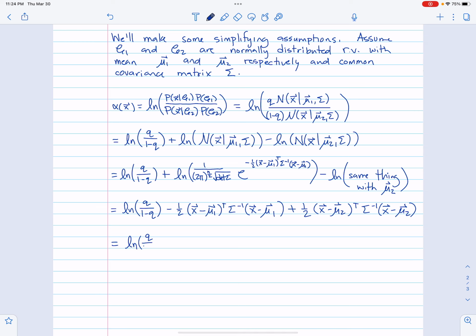So I'm going to get log of q over 1 minus q, plus 1/2 (mu1 minus mu2) transpose sigma inverse times x, then plus 1/2 x transpose sigma inverse (mu1 minus mu2), then minus 1/2 mu1 transpose sigma inverse mu1, plus 1/2 mu2 transpose sigma inverse mu2.